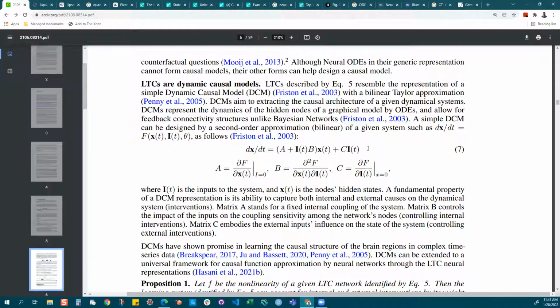And what they say is that for a given system, such as the differential of x with respect to t, we can have a function, a capital F, that is a function of a hidden state for the neural network x of t, and if we introduce a new function called I of t and theta, we can establish this differential equation.